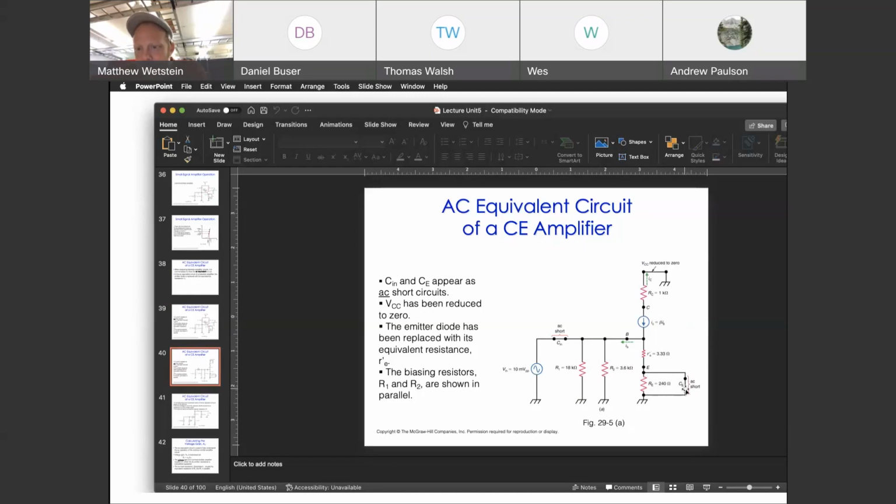And when you're calculating the gain, you have the situation where the input voltage is equal to the voltage across here, which in AC is just the voltage across this tiny resistor, and so we can write that as ICRE.